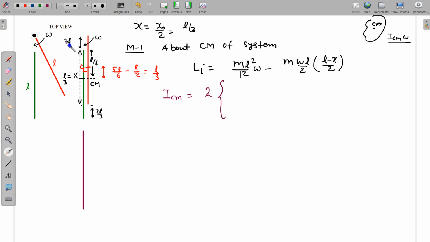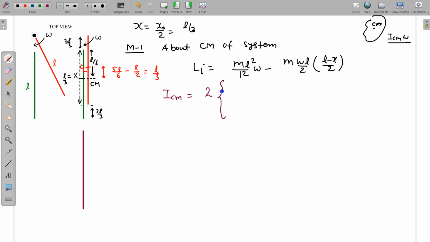This distance is 2L by 3 and this is L by 6, so 2L by 3 plus L by 6 will be 5L by 6. From this total distance of 5L by 6, I am subtracting L by 2. So it will give me the distance between C1 and CM. So between C1 and CM the distance is L by 3, and I need this distance to write my ICM.